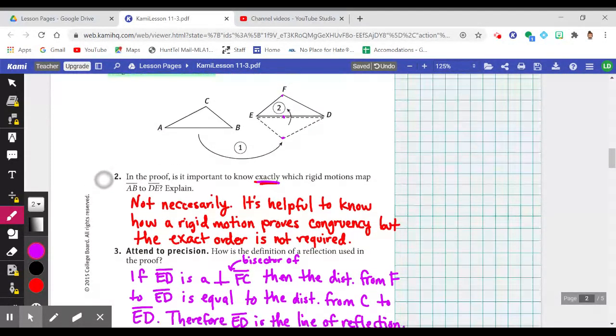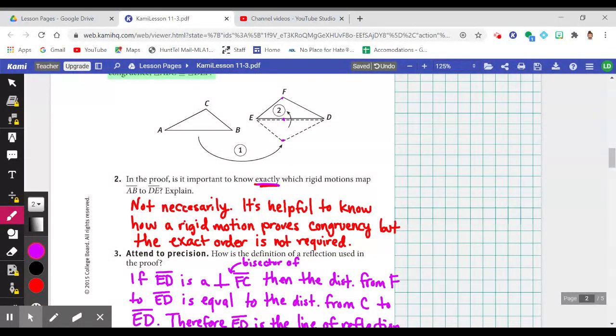Therefore, ED is the line of reflection. So knowing that ED was a perpendicular bisector of FC, and the distance from F to that line is equal to the distance from C to that line, therefore ED is acting as a line of reflection. So just really, again, emphasizing how the perpendicular bisector, that idea and the theorem involved with it, really coincide with reflections.